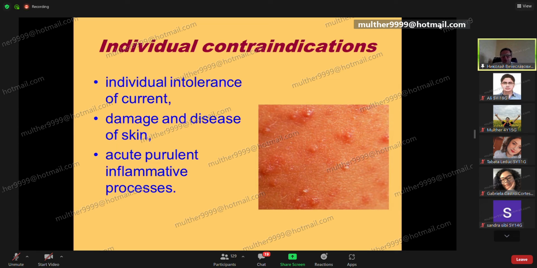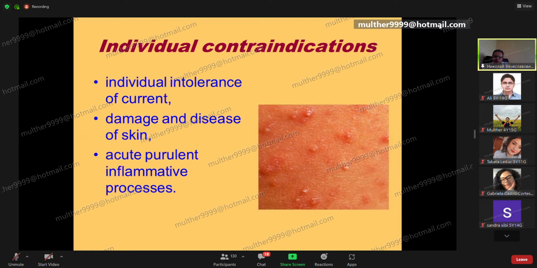This list includes individual intolerance of current, so-called electric allergic reaction, damages and diseases of skin, trophic disorders, and acute purulent inflammative process.